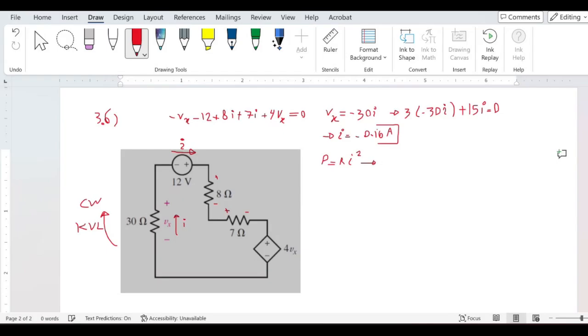So with that notion, the 30 ohm power, P of 30, is going to be 30 multiplied by minus 0.16 squared. That's going to be equal to 0.76 watt.